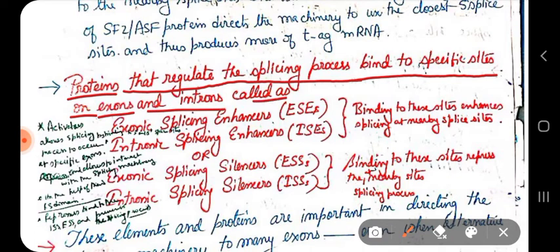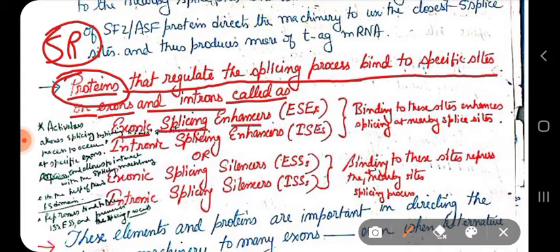There are some proteins which bind to specific sites during the splicing process, and they regulate it. Those specific sites where the proteins bind, like the SR proteins I have just mentioned, are the exonic splicing enhancer or ESE, or the intronic splicing enhancer or ISE.